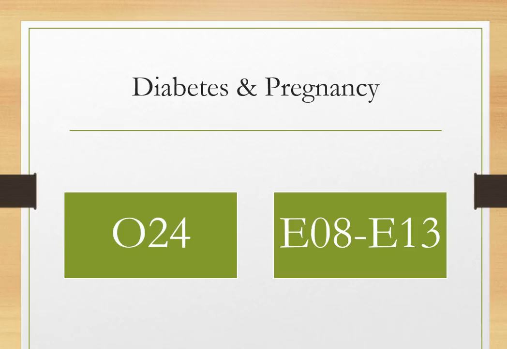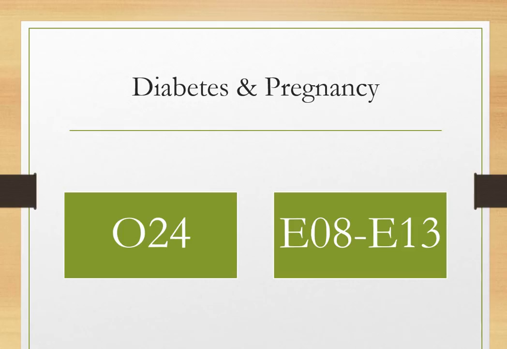Diabetes and pregnancy. So diabetes is actually a significant complicating factor in pregnancy, and pregnant women who are diabetic should be assigned a code from category O24, which is diabetes and pregnancy, followed by the appropriate diabetes code from chapter 4.